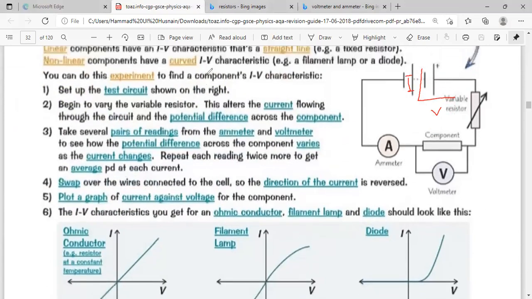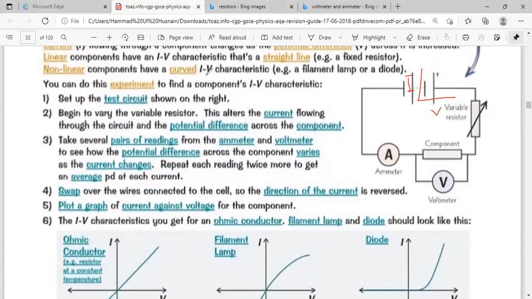Does I and V stand for something? Yes, I is the current we were talking about earlier, and V is voltage. Okay. So have you got it?